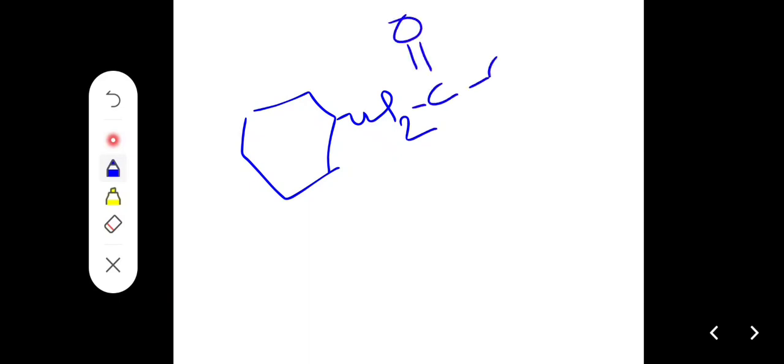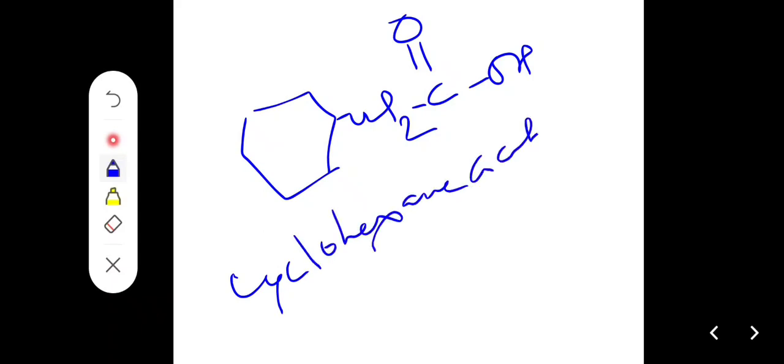Another example is cyclohexane with CH2COOH, so we can term it cyclohexaneacetic acid.